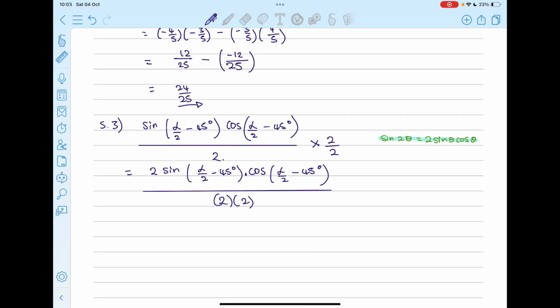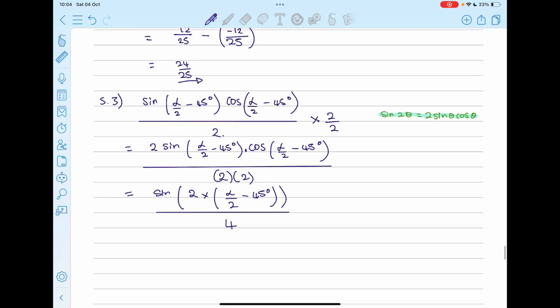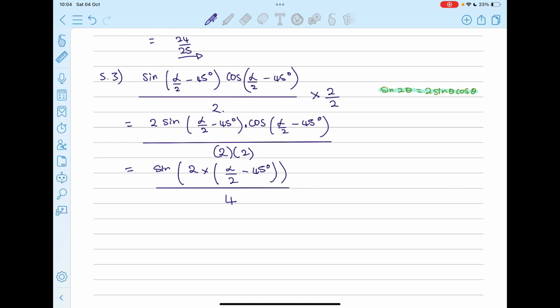Okay, so now that it is in this form, we can apply our double angle identity for sine, which leaves us with sine, open bracket, 2 times, open another bracket, alpha over 2 minus 45 degrees. And everything is divided by 4 because that's 2 by 2.